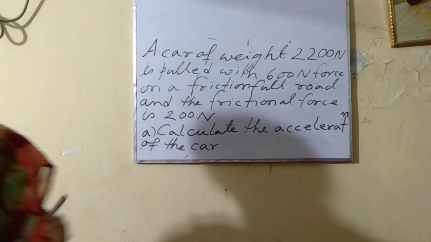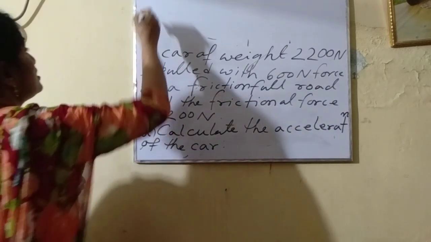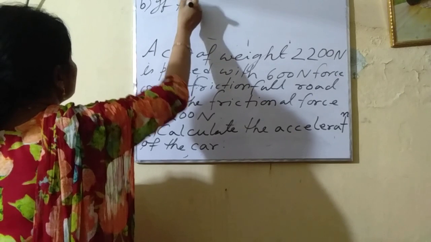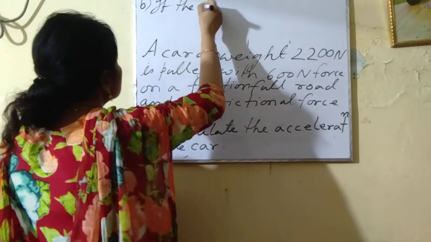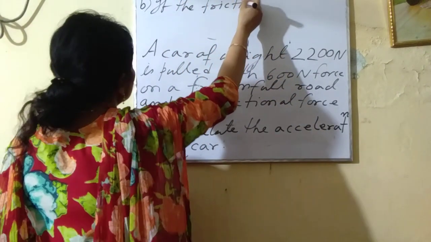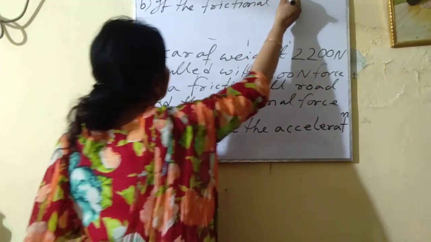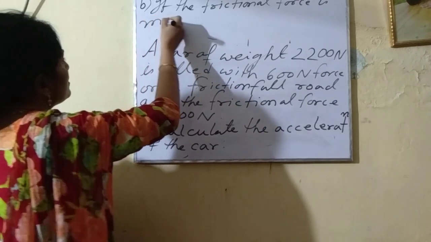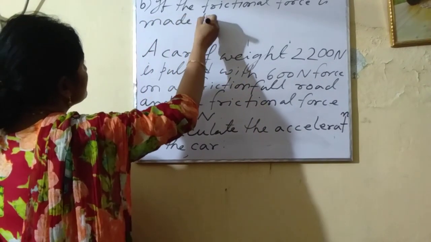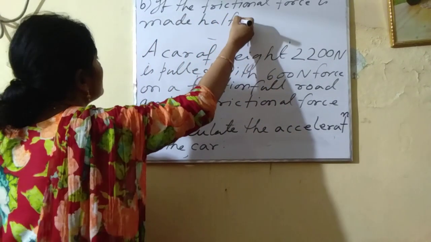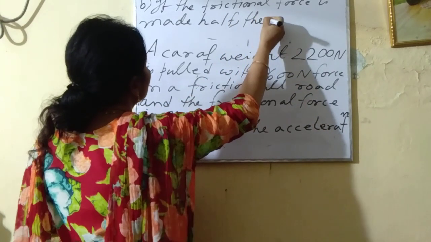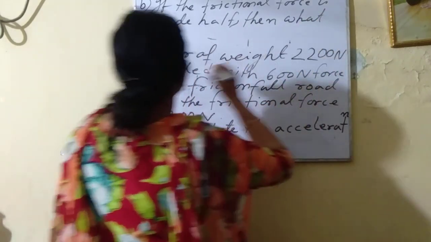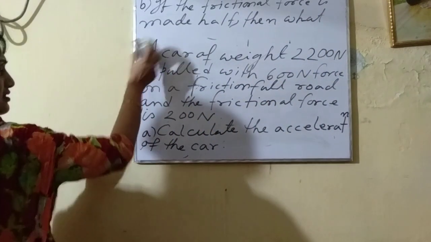And B number question is what? B number question, if the frictional force is made half, then what can I find?